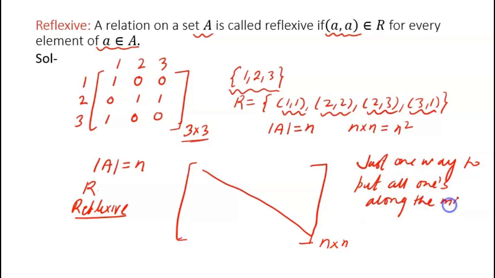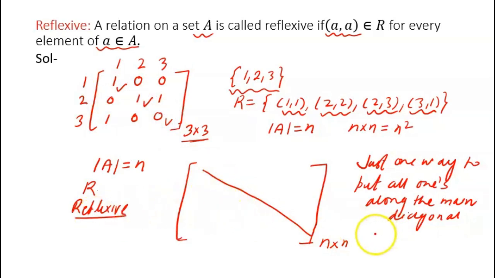Now, the total number of elements along the main diagonal is equal to n, because it is an n cross n matrix. If it is a 3 cross 3 matrix, there are 3 elements. So if it is an n cross n matrix, there will be a total of n elements.